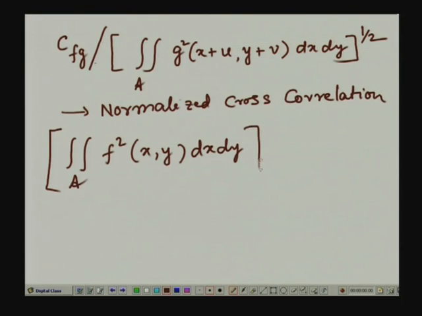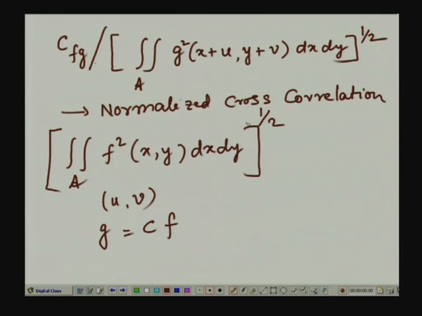This is the maximum value attained by the normalized cross correlation, for the values of u and v for which the function g becomes some constant c times f. For that particular shift u v, where g is equal to c times f, the normalized cross correlation takes its maximum value.